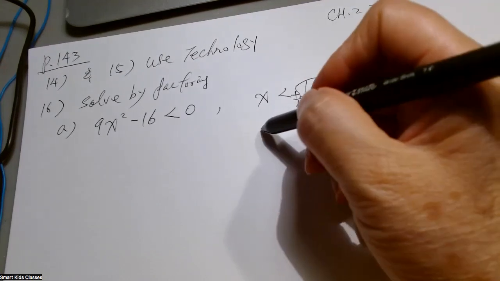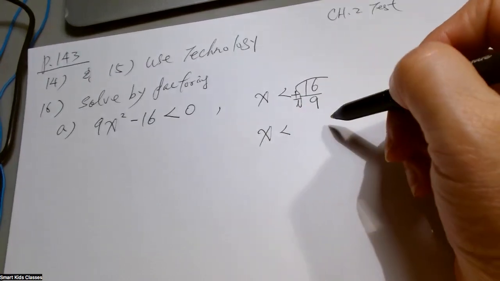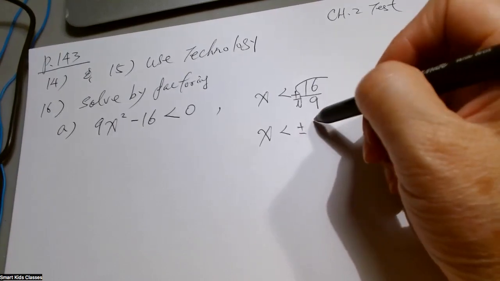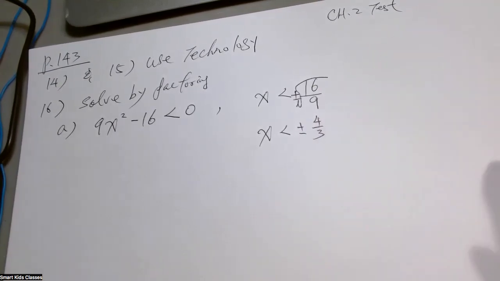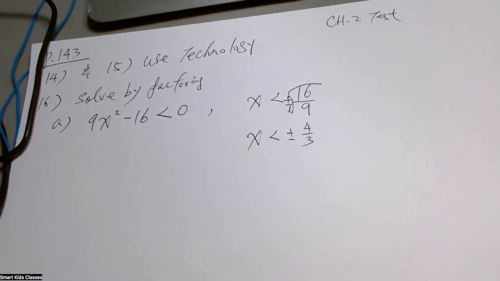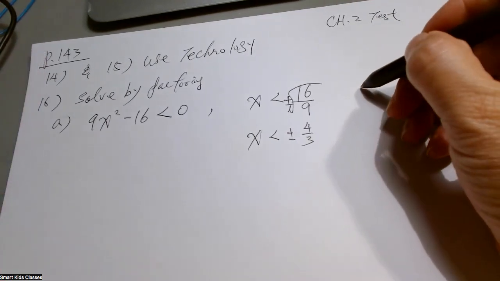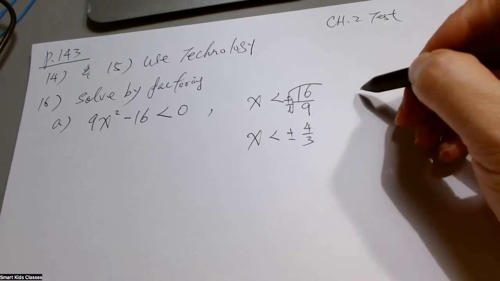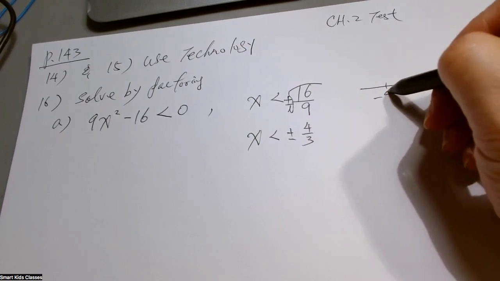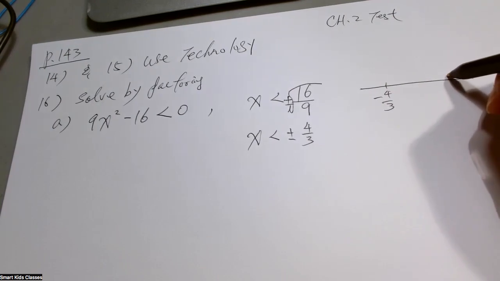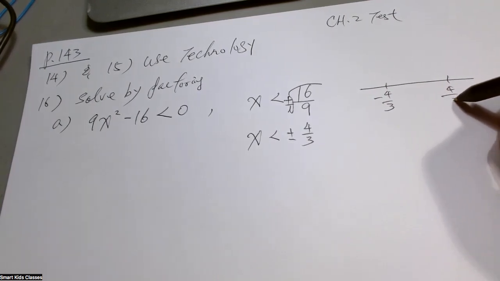So what are you going to get? x is going to be smaller than positive and negative 4/3. So which one are the solutions? We're going to make a number line here. So this is negative 4/3, and this is positive 4/3.